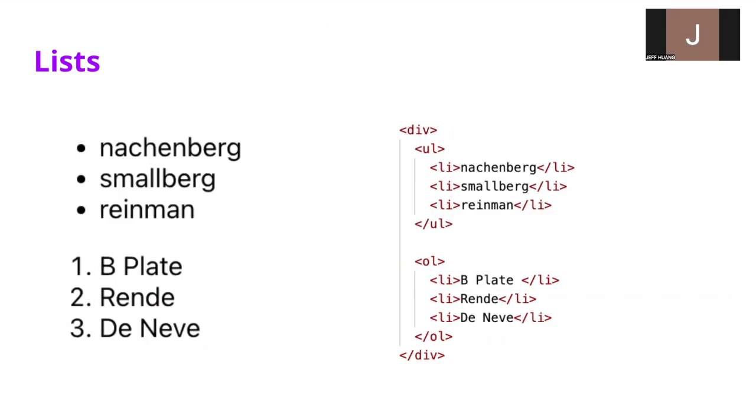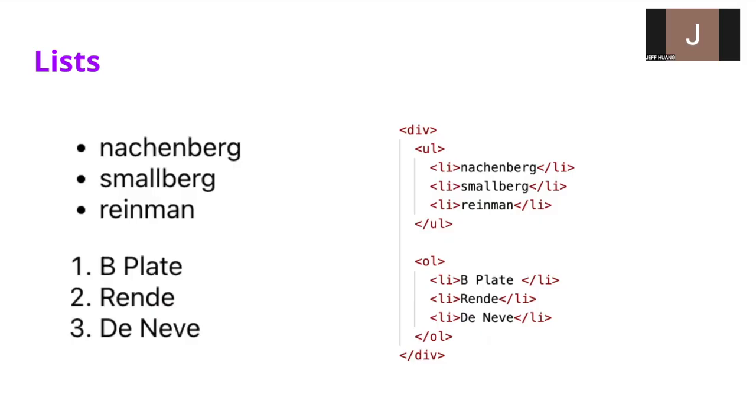All right, so you could also create lists in HTML. You can make a div that basically sections out a whole part of your HTML, and you can format it later so it's more convenient. And then there are two types of lists. You can make a UL or OL. A UL stands for unordered list, and OL stands for ordered list.